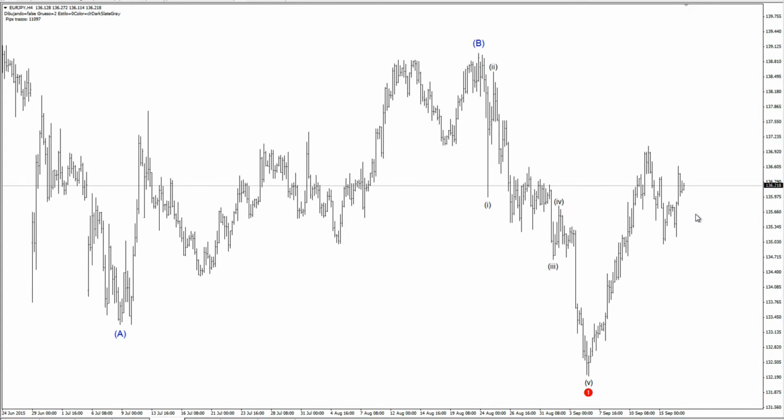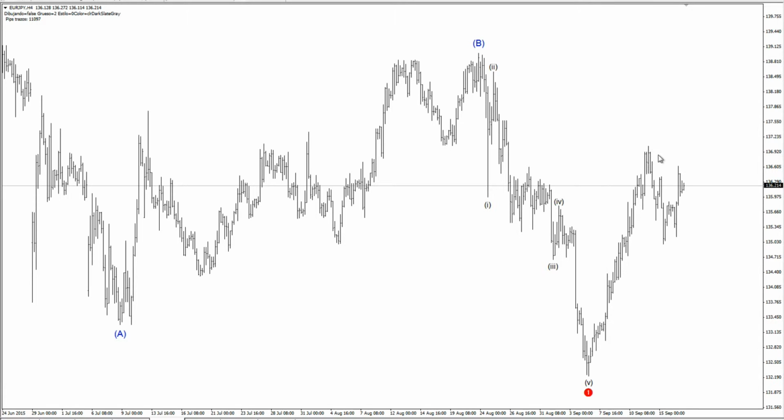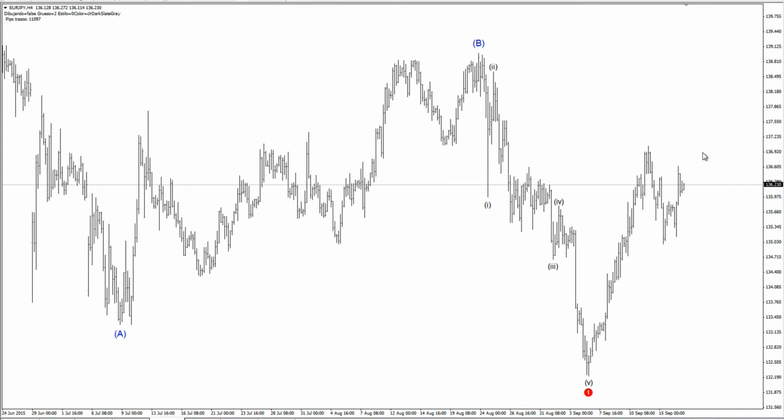More upside is expected here, but not as sharp and as long as this previous upwards move, which is 482 pips, and if we project this 482 pips, we would see almost 140 level then. So I'm expecting more upside, but not as much as this almost vertical advance is.